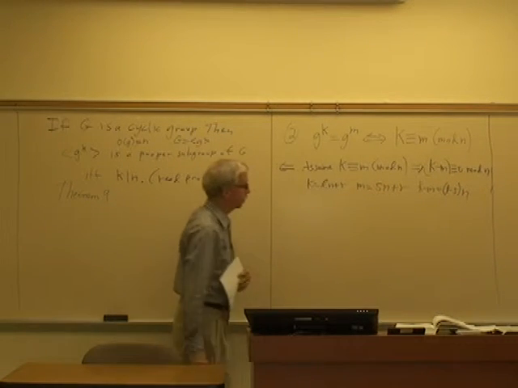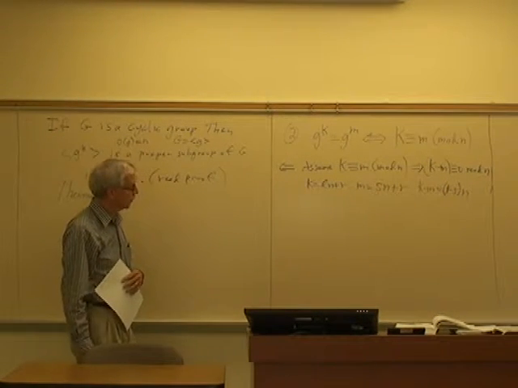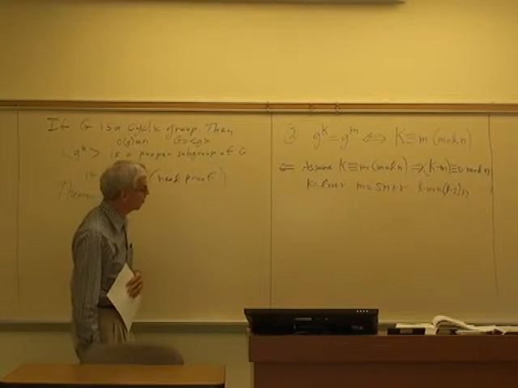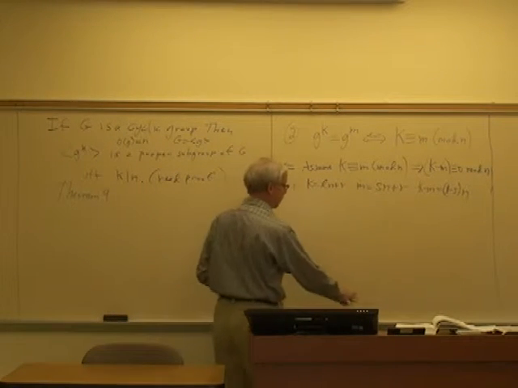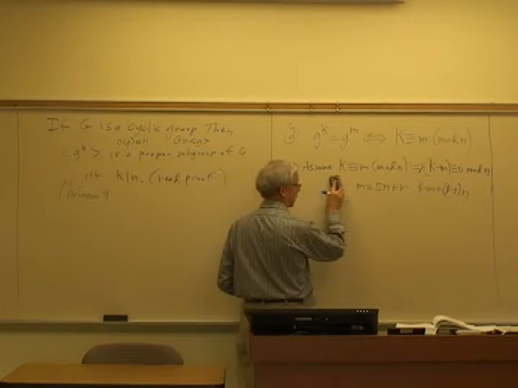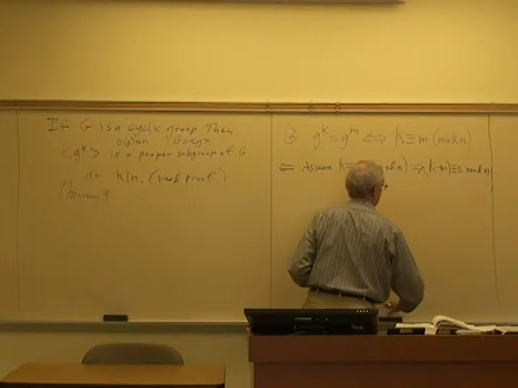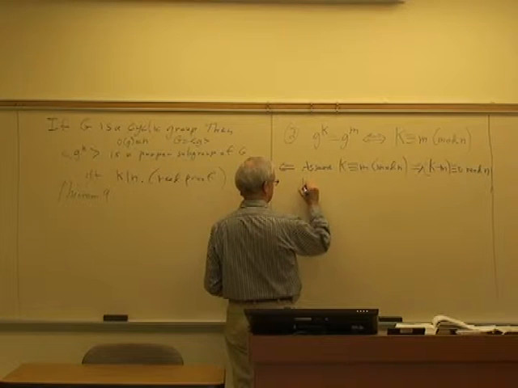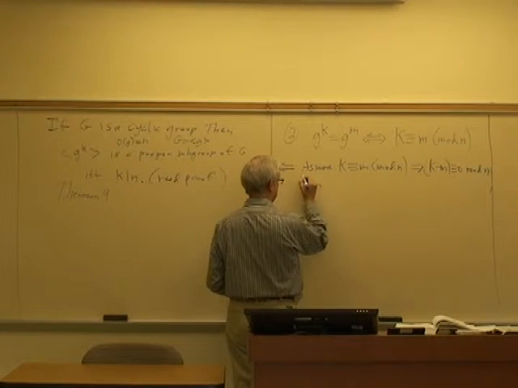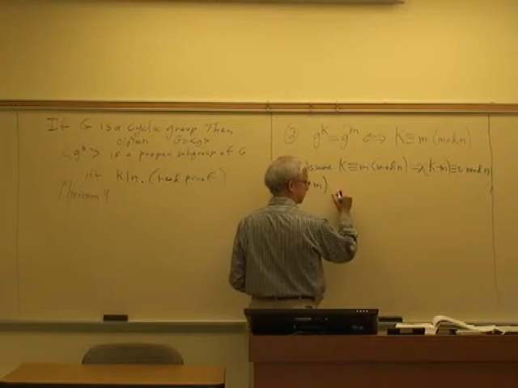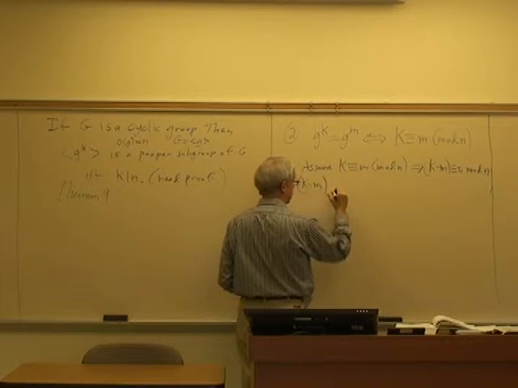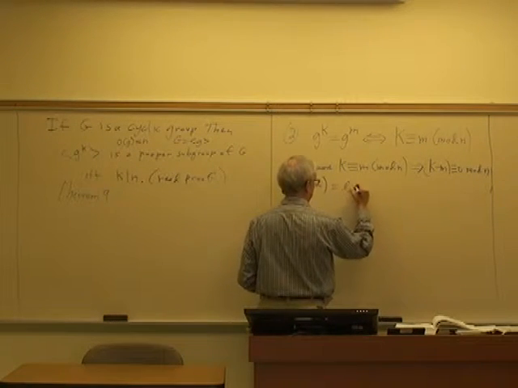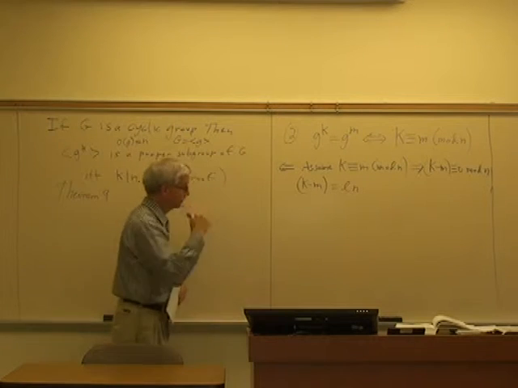So that's why it's a multiple of n when I subtract. If they're congruent modulo n, it means they have the same remainder. So we assume that we have that. That means that k minus m is equal to something times n, right?